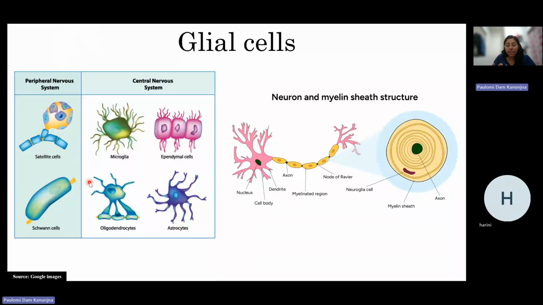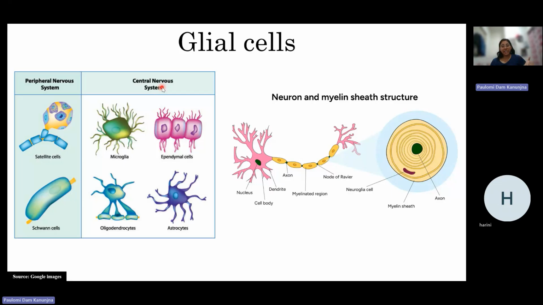But what is very interesting, and how you can use it to remember these different cells, is the way they myelinate the axons. The question here was, which one of these cells myelinates multiple axons? The answer, as I told you, was oligodendrocyte, which is part of the CNS. In the central nervous system, you have multiple neurons, and that means multiple axons, and all of them can simultaneously get myelinated by the oligodendrocyte.